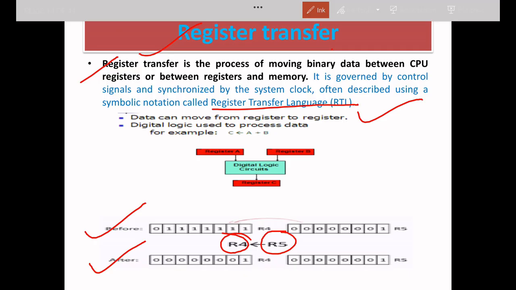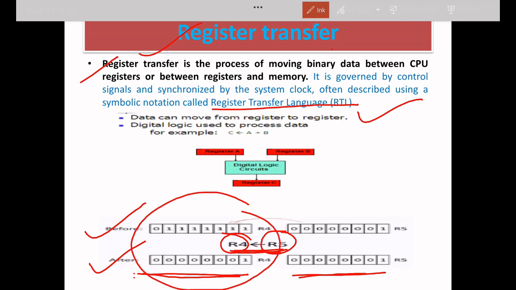The data is transferred from R5 to R4. Before, this was R4 and this is R5, so we transferred R5 to R4.